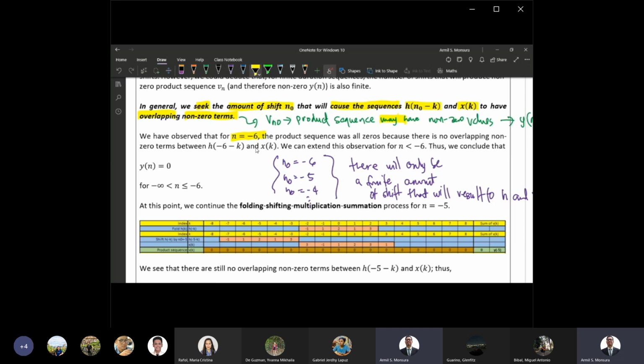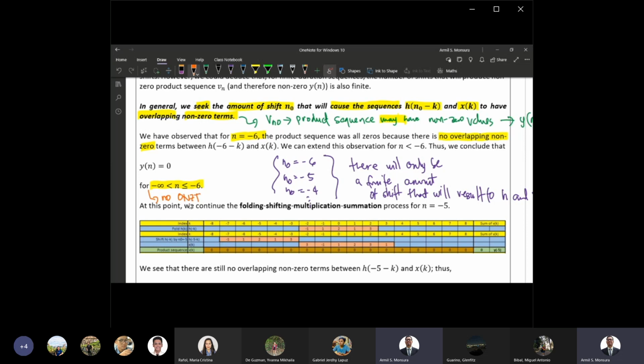na -6, okay, wala na tayong nakitang overlapping, there's no overlapping non-zero terms. Okay. Di what more kung i-shift ko siya for -7, -8, -9, -10, and so on. Okay. So, in that case, we can conclude actually that at least at this interval, for n between -infinity hanggang up to -6, there will be no overlapping non-zero terms.